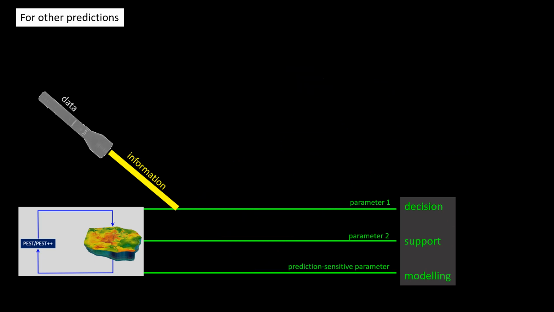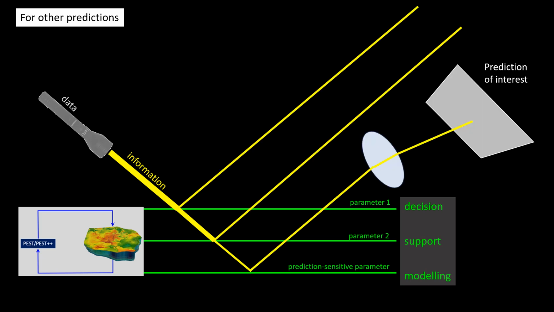But there are many other circumstances where the situation is not as happy. Data provides information that flows to many parameters. In assimilating that information, the model attempts to separate out that which is pertinent to a prediction of interest and that which is not. And we have just seen that that process of separation of information is fraught with many difficulties.